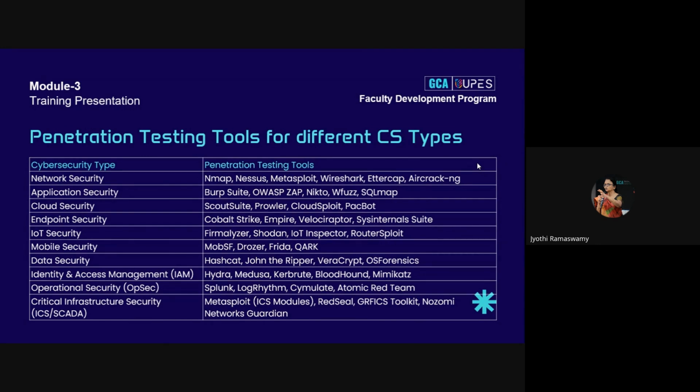Now, John the Ripper, actually, as the name says, it looks for man in the middle, right? It looks to see if there is any way the data in transit can be stolen or can be modified, right? So that is that too. VeraCrypt, again, tests a cryptography, right?